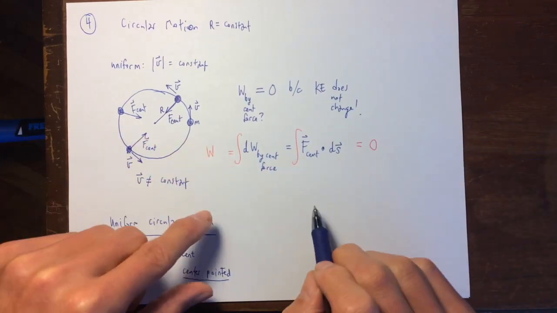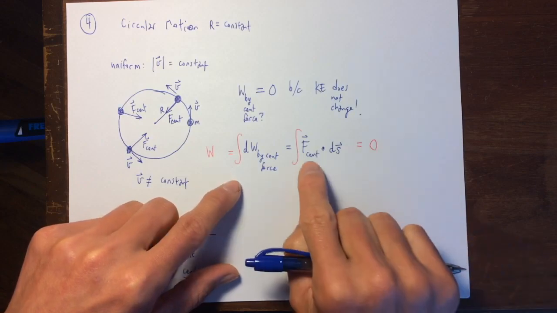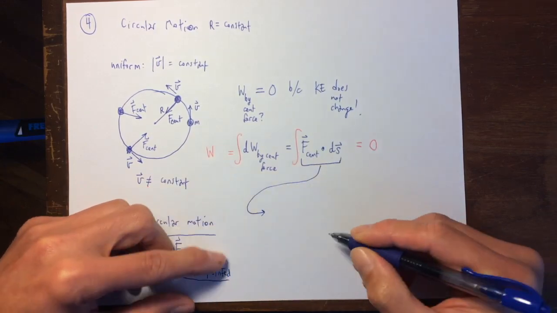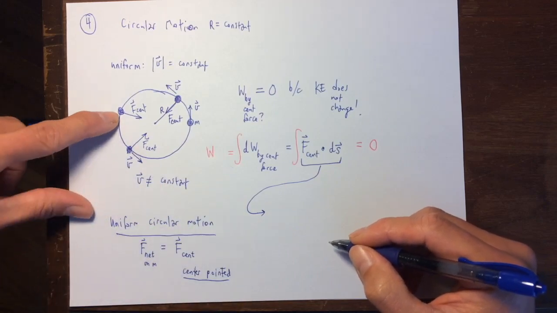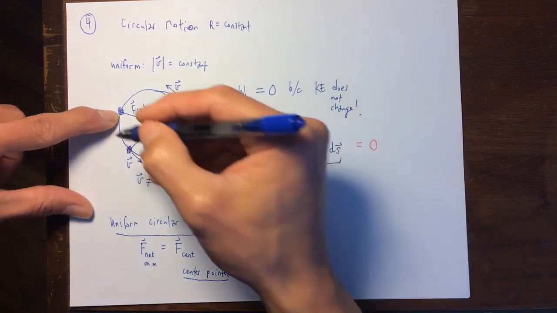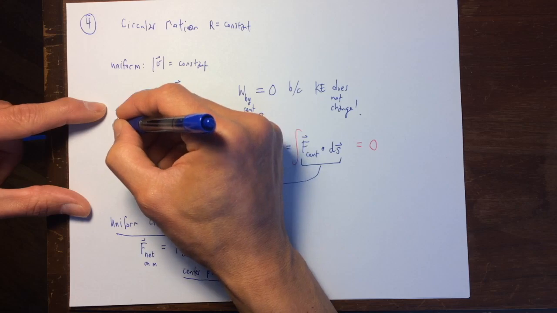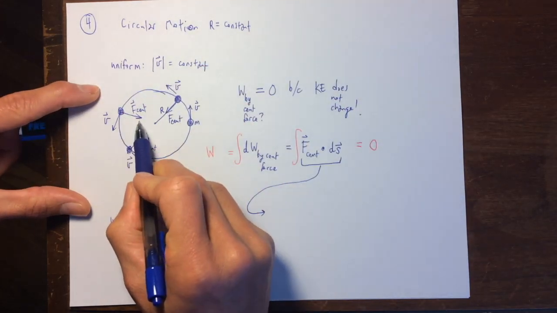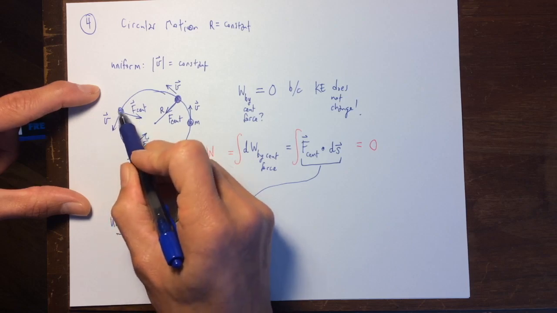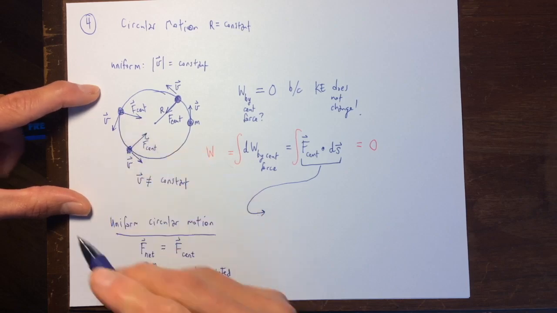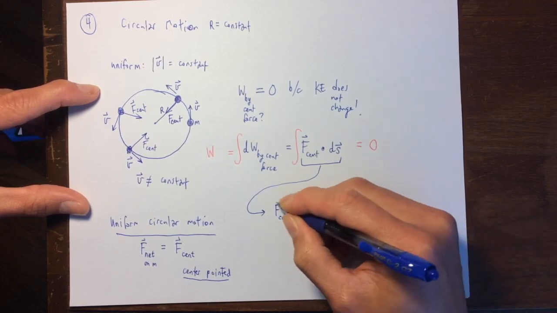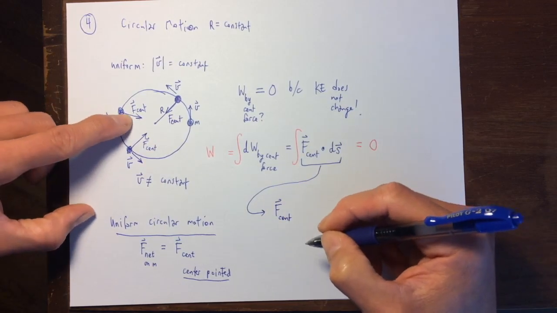But I don't really want to study it from this point of view. Let's study this. So at this place right here, the velocity is this way, and the force is center pointed. The velocity is tangential and the force is center pointed. So the center pointed force vector is this one.